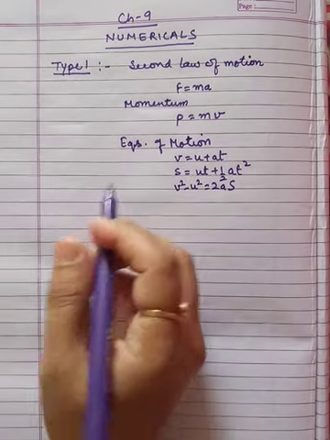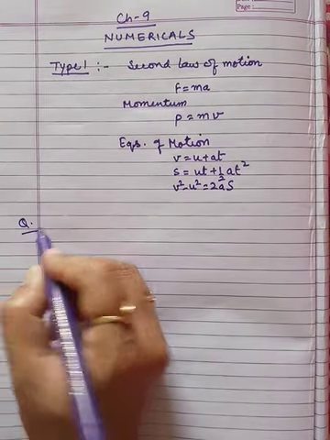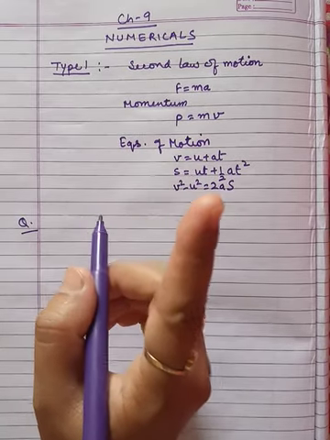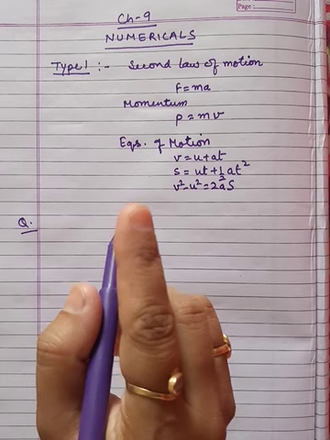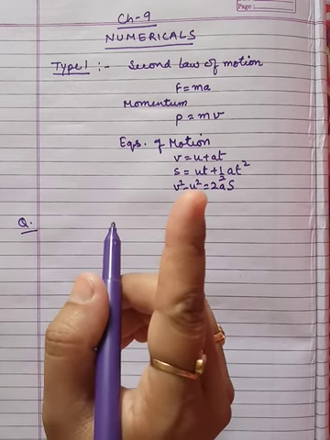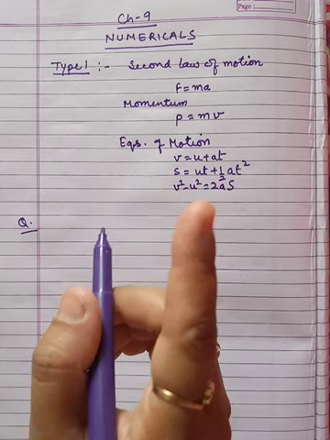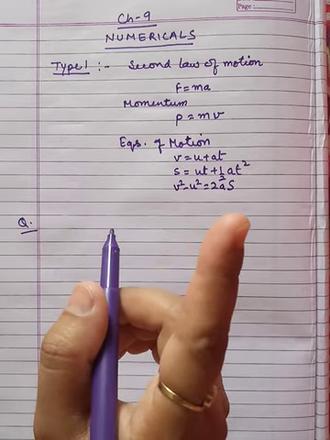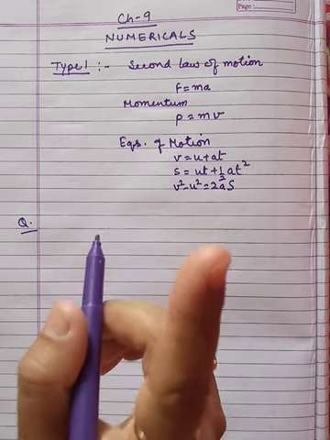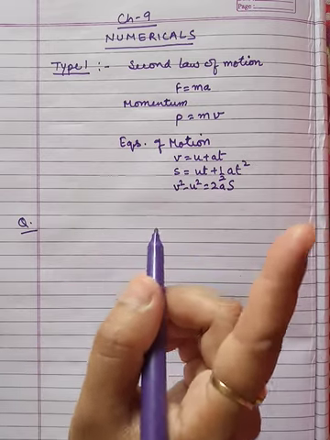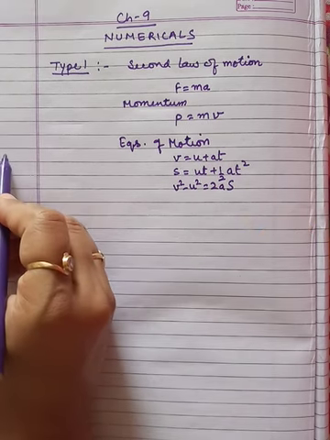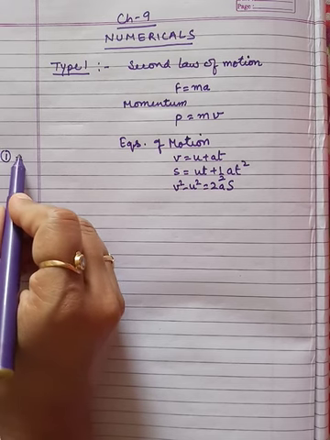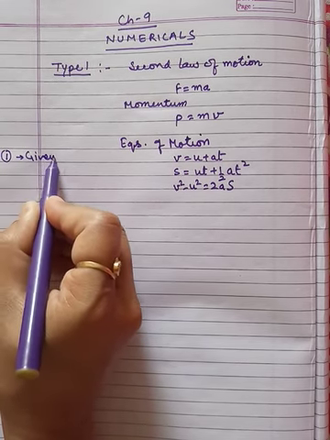First of all, in this question, we will write down the given things. We have discussed the numericals in the previous chapter also, and this is the best method to attempt any numerical, that we write down the given things. So those 3 steps we will follow. What were those 3 steps to find out the numerical? The first step was write down the given things.